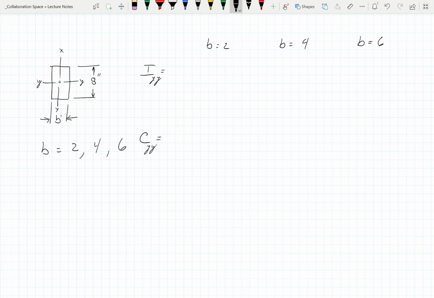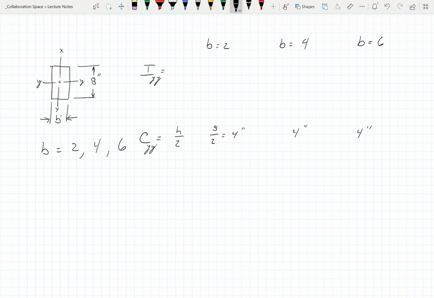In this case, it's going to be 2 divided by 2 equals 1. I'm sorry. What was I thinking? It's 8 inches. So it's got to be 4 inches. So they're the same all the way across.